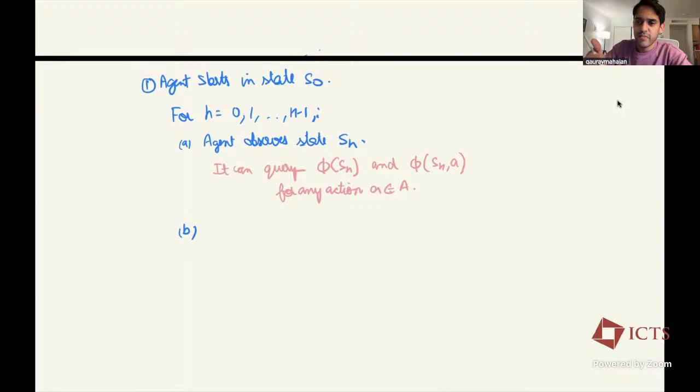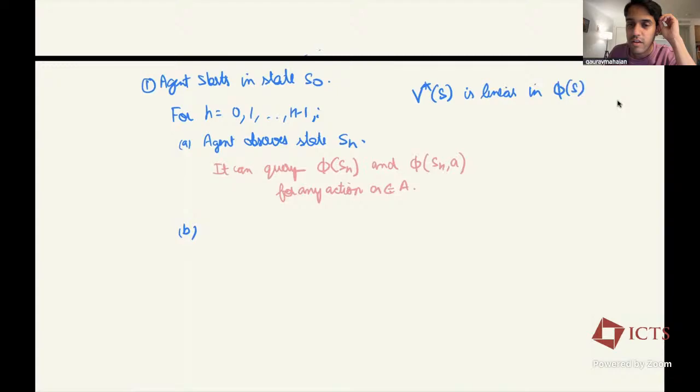So does it make sense, Jatin? Hi. Yeah. And now the assumption on linearity is that T of s, a is linear in this phi of s_h, a. So the assumption is like V star, the optimal policy's value of s, is linear in these features phi.